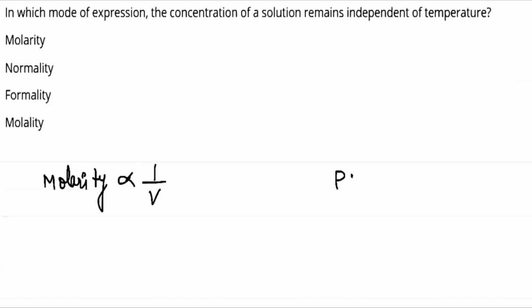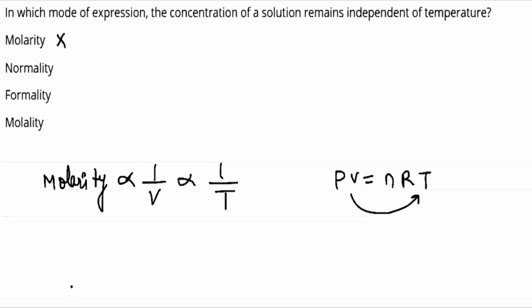And from the ideal gas equation, PV equals nRT, we can say that the volume is directly proportional to temperature. So molarity should be inversely proportional to temperature according to this. So molarity depends on temperature. So this should not be the answer.